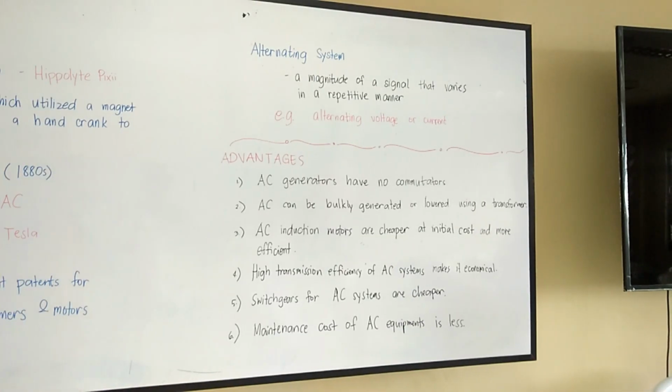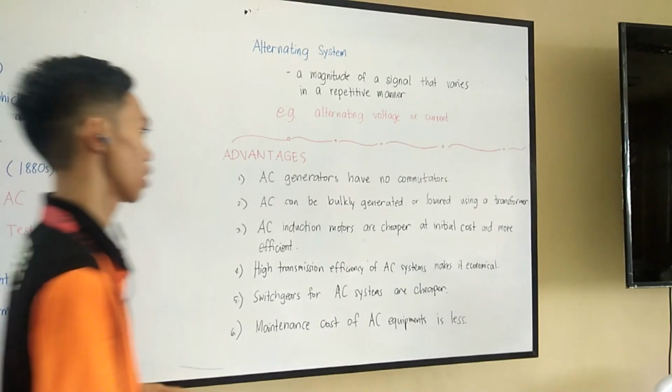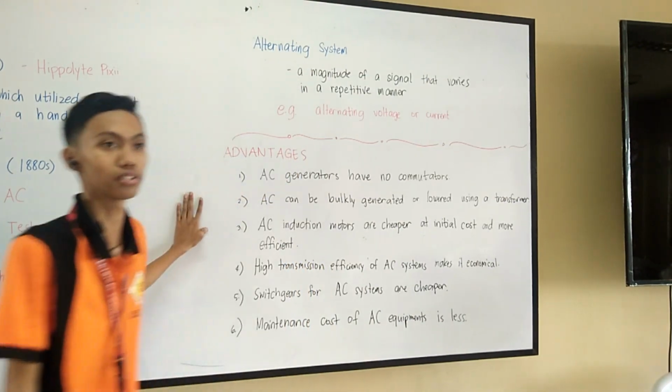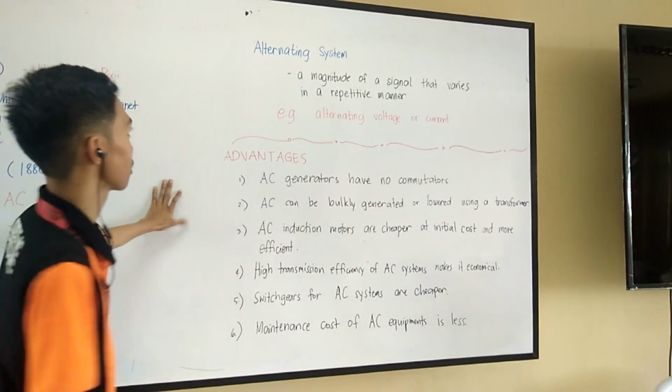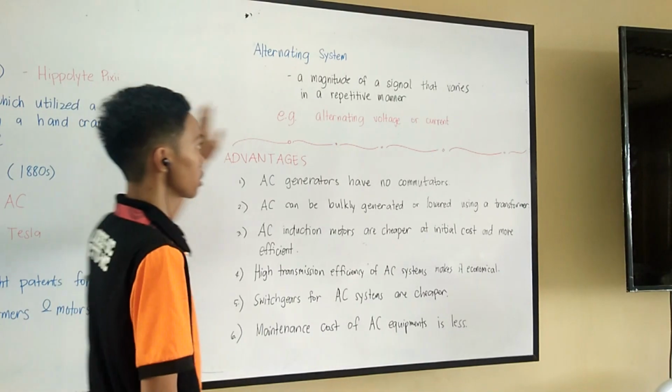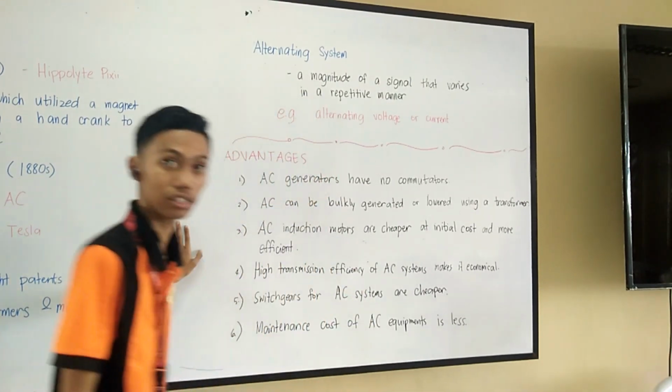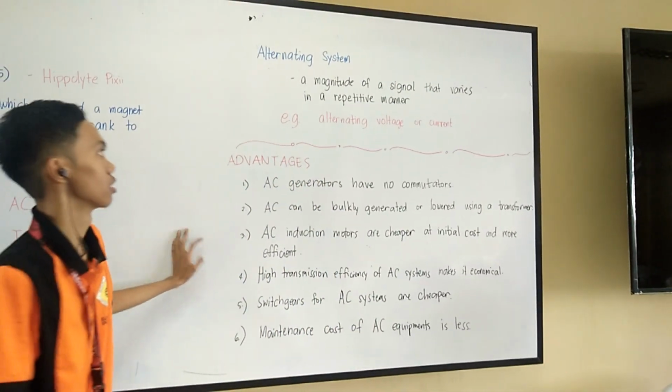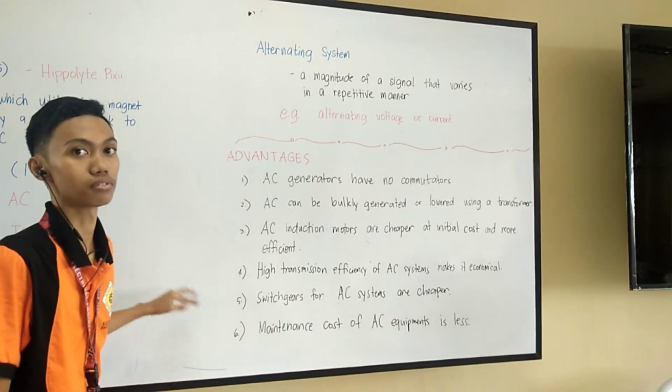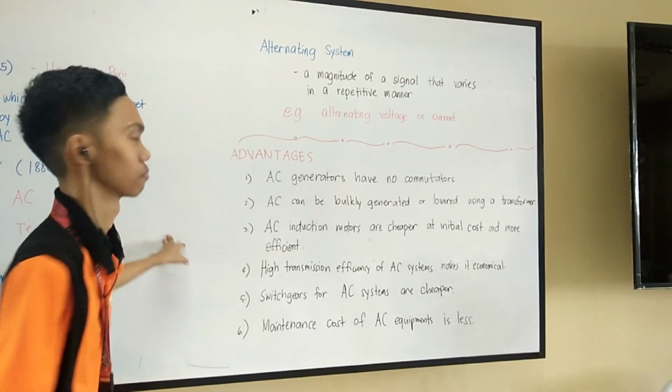Okay, so now we have talked about the history. Now let's talk about what an alternating system is. An alternating system is a system wherein the magnitude of a signal varies in a repetitive manner, for example, alternating voltage or current. So that's an alternating system.